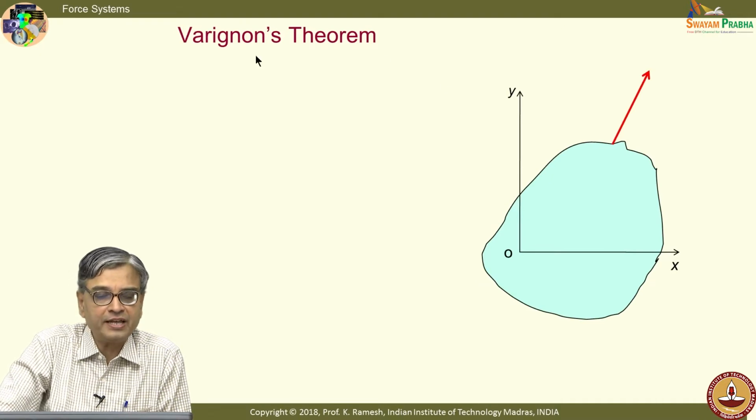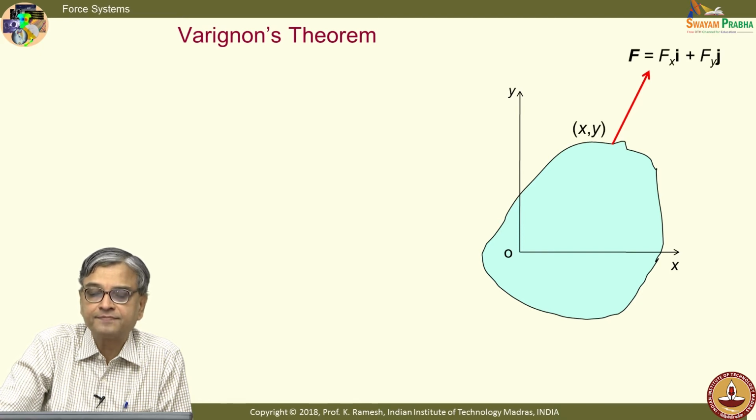And there is also a very simple theorem that goes by the name Varignon. I have a body, make a neat sketch of it. I have an arbitrary force F acting on it at point x comma y, and the force is depicted as Fx i plus Fy j. Fx and Fy are the magnitudes, and i and j are the unit vectors in the x and y direction.